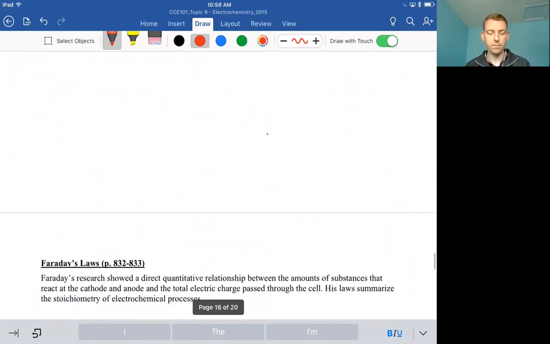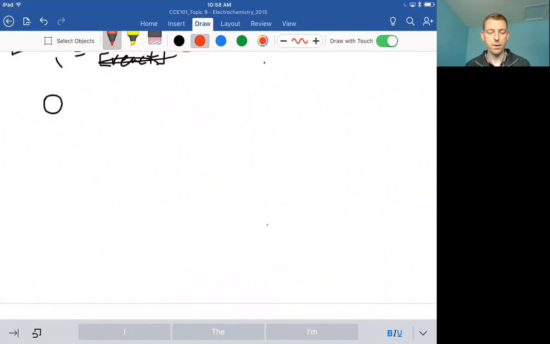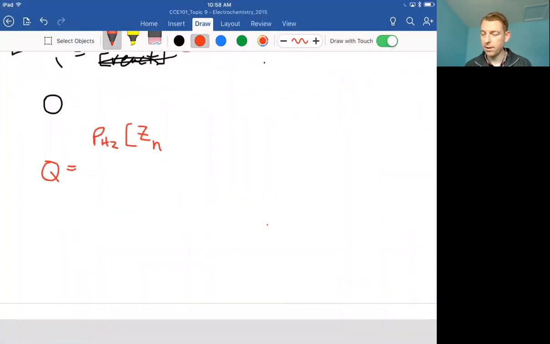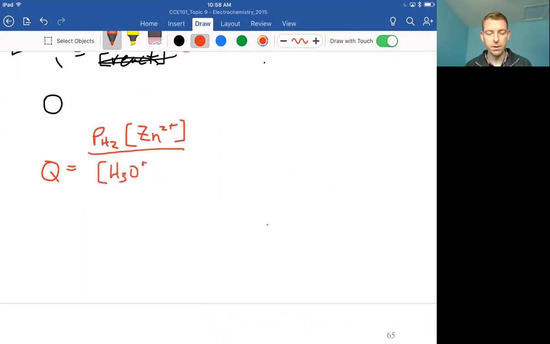So Q, we have as the products over reactants. So here now we're going to have the partial pressure of hydrogen multiplied by zinc concentration, zinc 2+ ions, over the concentration of H3O+ squared, because that's the stoichiometry we needed for the balanced equation, so don't forget the square there.